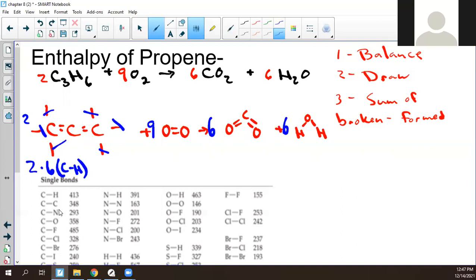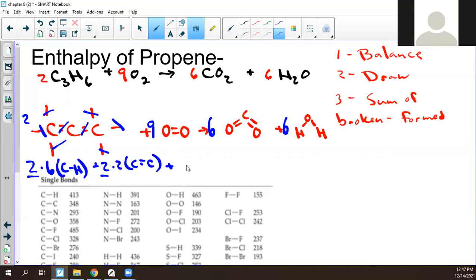All right, and you can do this in another way, it doesn't really matter. But I'm going to put 2 again. 2 times 1, 2, C double bond C. Okay, all this math is for this piece that was done twice. That's where the 2 came from both times.